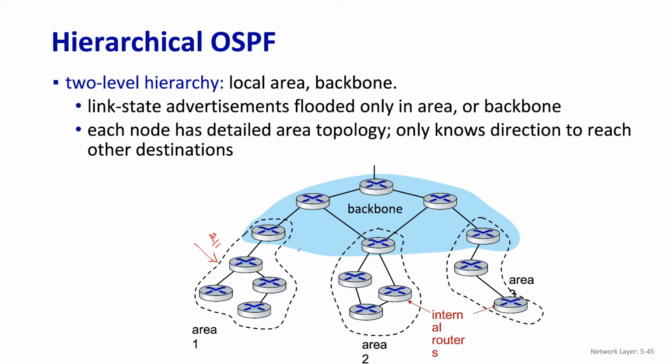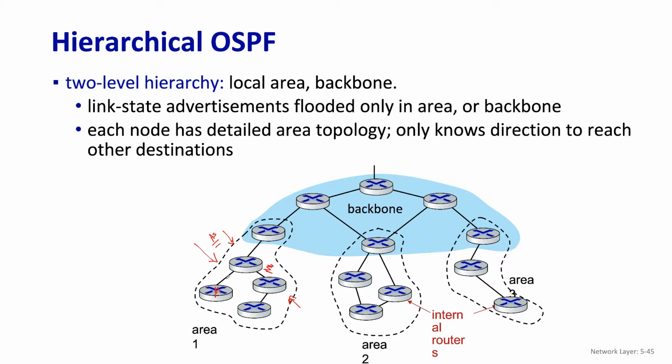So all the routers in area 1 must use the same thing to be able to advertise. The advertisement scope is going to be within the area only. If this router sends a broadcast to all the routers here, the scope of this broadcast will be within the area. No other area can reach this. So this is the first thing that we have to understand.